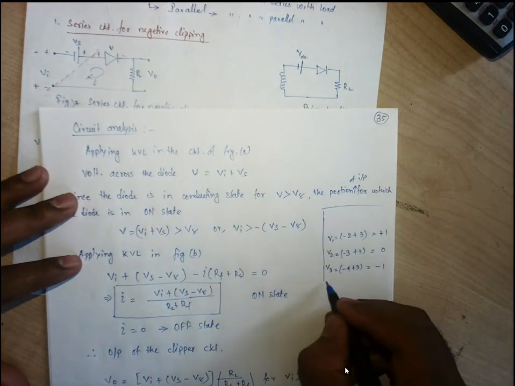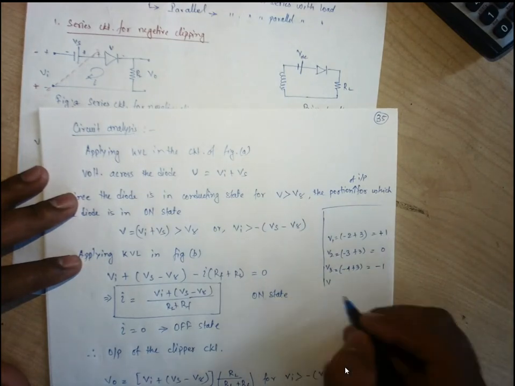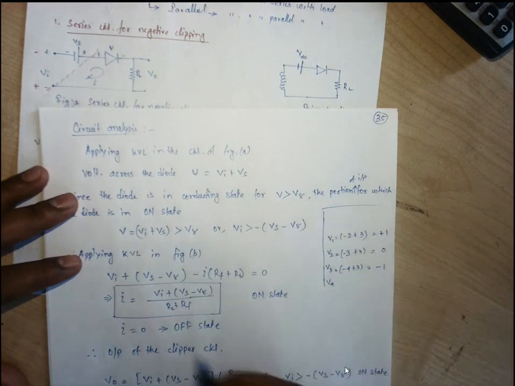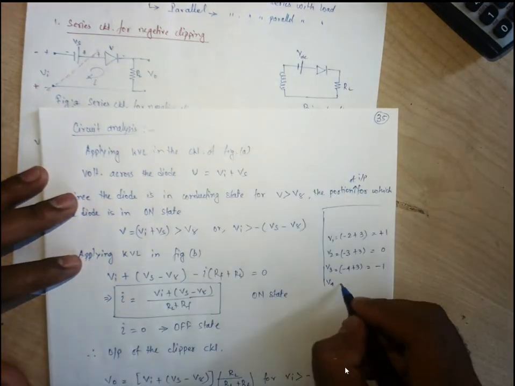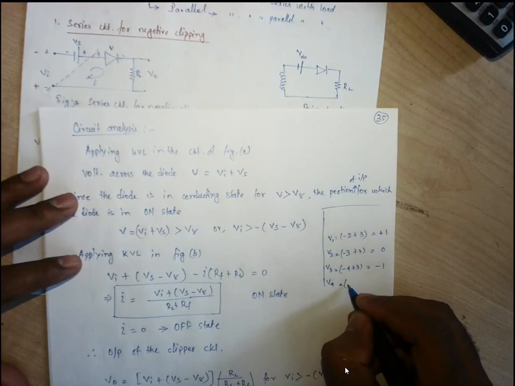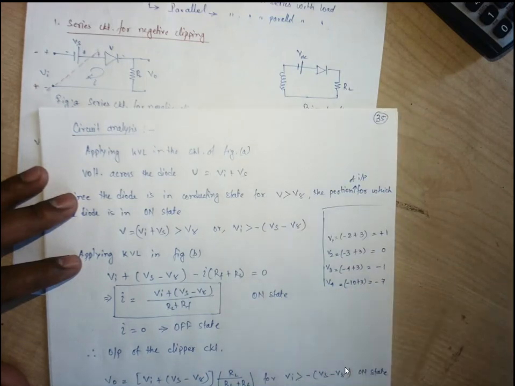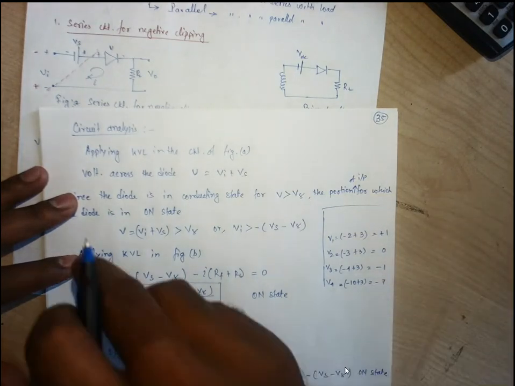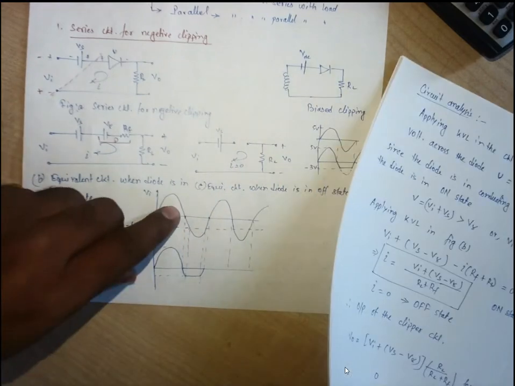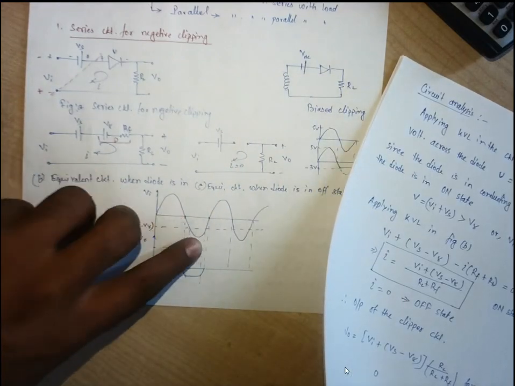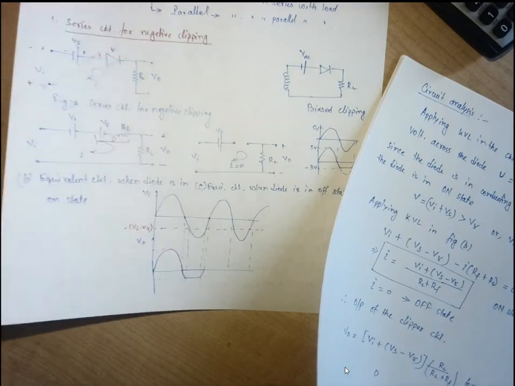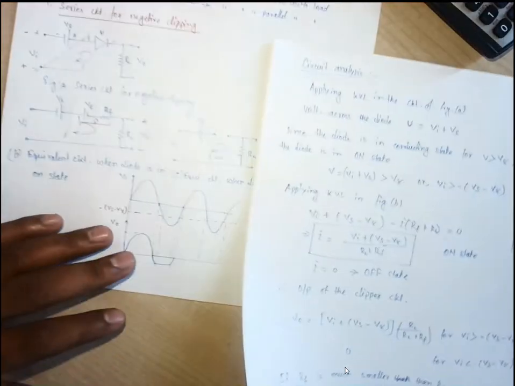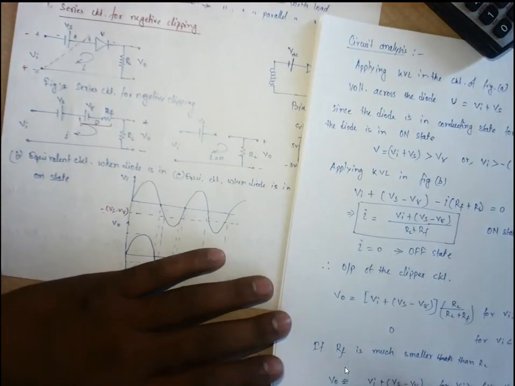So if we go on increasing this voltage on the negative side, let us go with the maximum peak negative voltage, minus 10, minus 7. If it goes on increasing the negative potential towards the maximum value, our diode will always remain off. It will never again be in the on state.